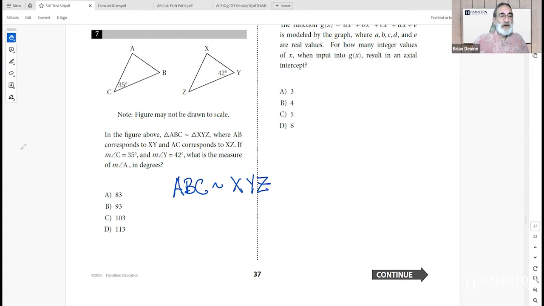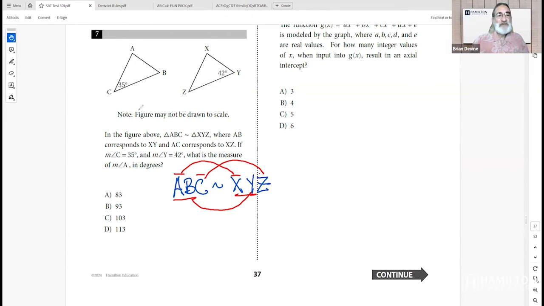Well, what that tells us right away is that angle A is the same measure as angle X, and angle B is the same measure as angle Y, and angle C is the same measure as angle Z. And if AB corresponds to XY, and AC corresponds to XZ, which we can see here, AB, XY, and if we look at AC, that's going to be XZ.